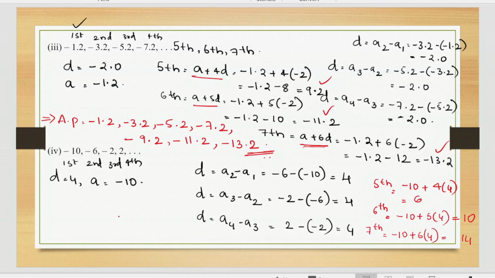Okay. So the final AP with the next three terms, that is 5th, 6th and 7th, is minus 10, minus 6, minus 2, 2, 6, 10 and 14. Okay, clear?